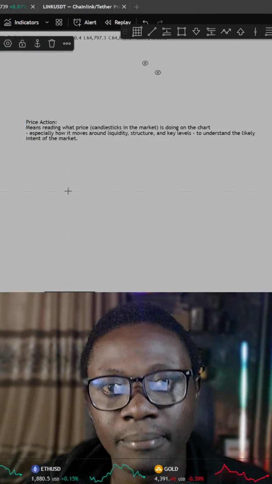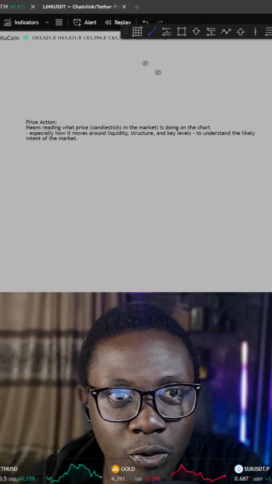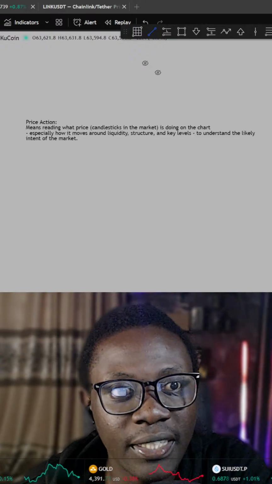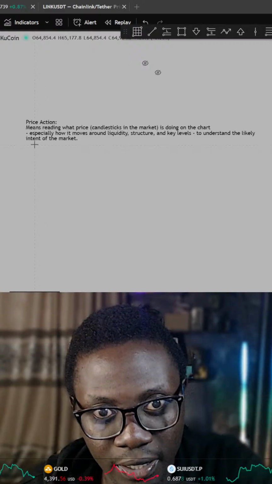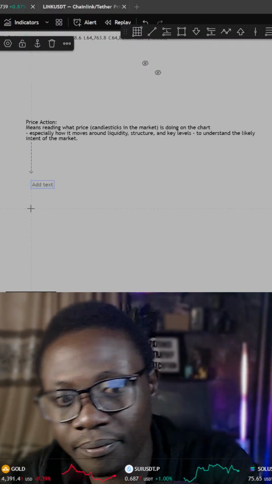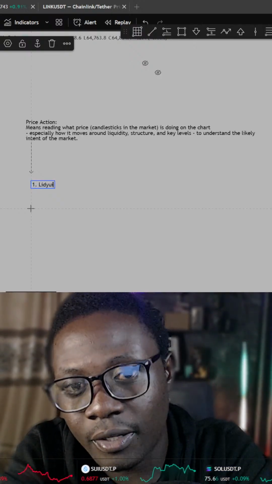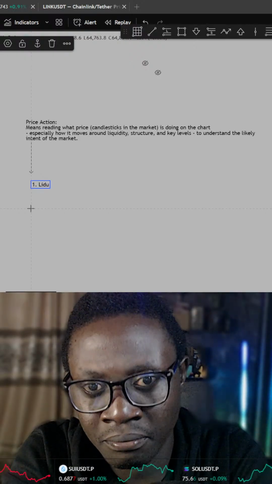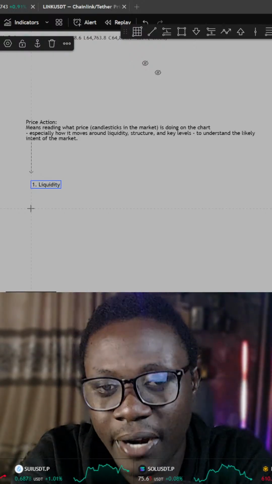All right, so you could see that there are three important thought processes in what we've just defined as price action. Number one, you see liquidity as a key component of price action.